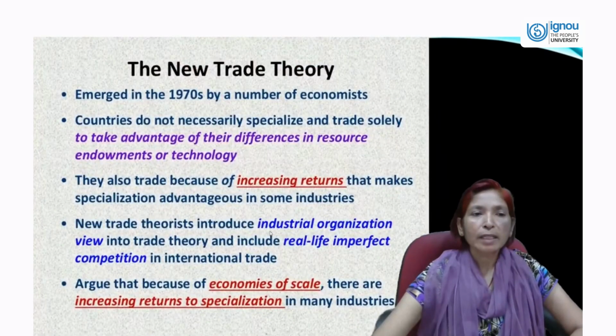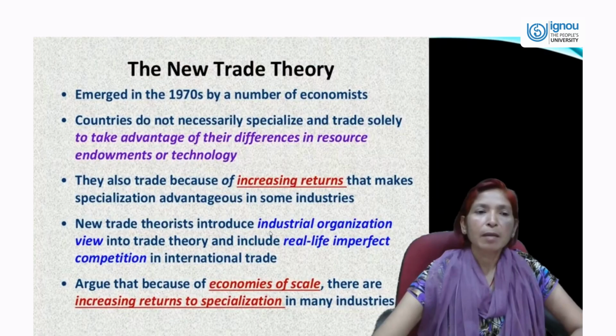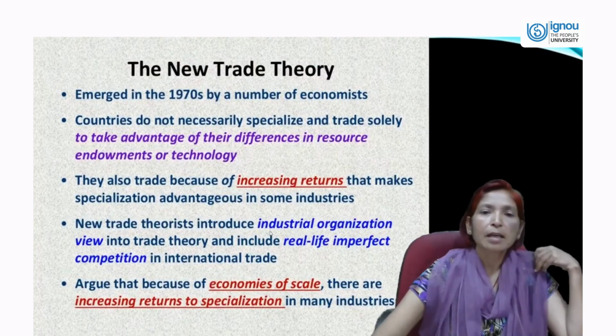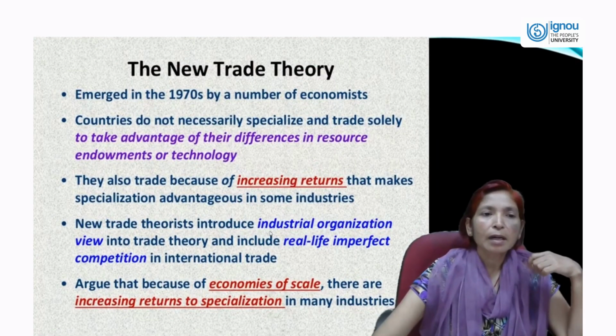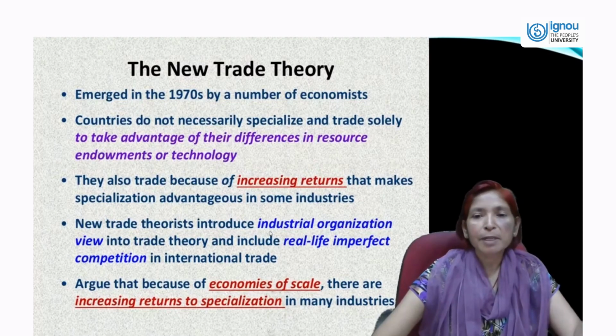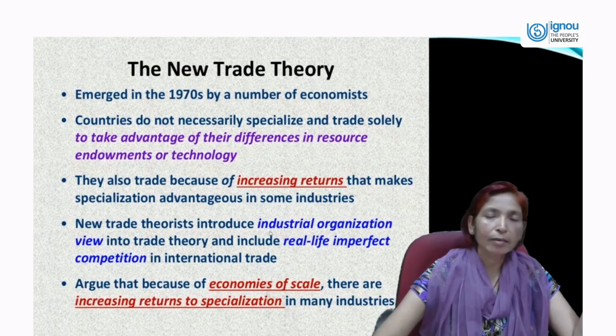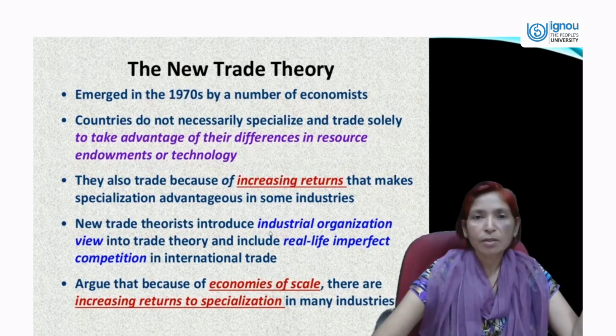Next is the new trade theory. This new trade theory emerged in the 1970s by a number of economists. Countries do not necessarily specialize and trade solely to take advantage of their differences in resources, endowment, or technology. They also trade because the increasing return law is applicable, which makes specialization advantageous in some industries.